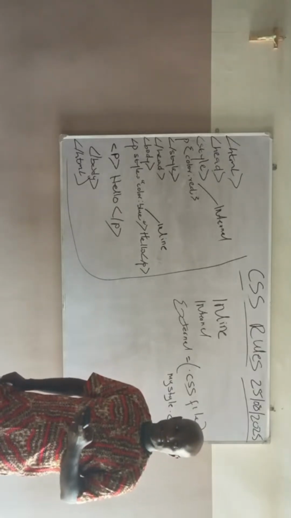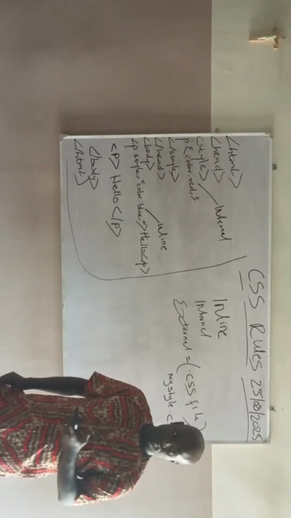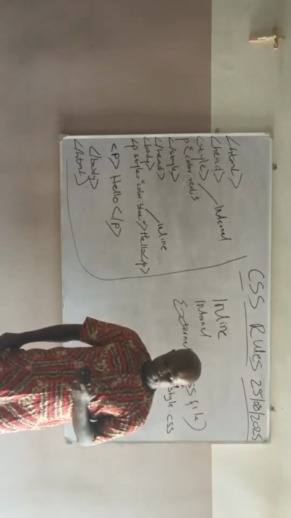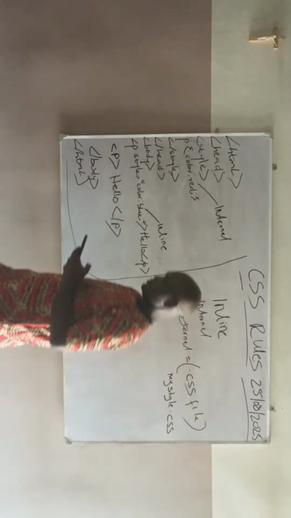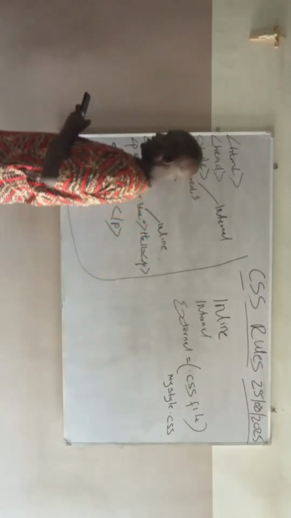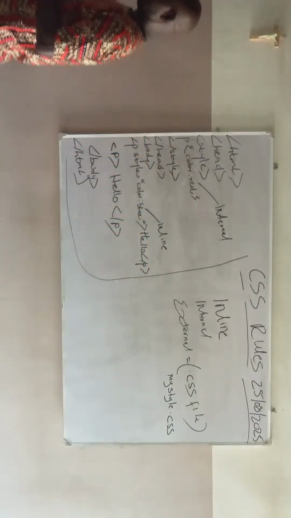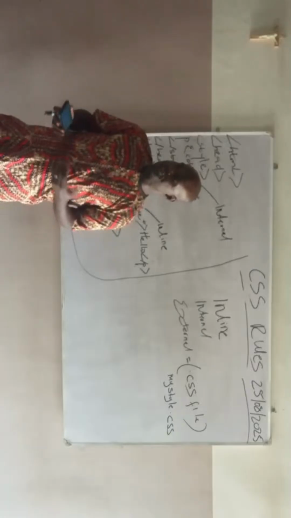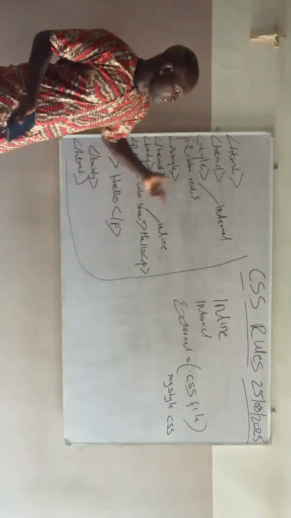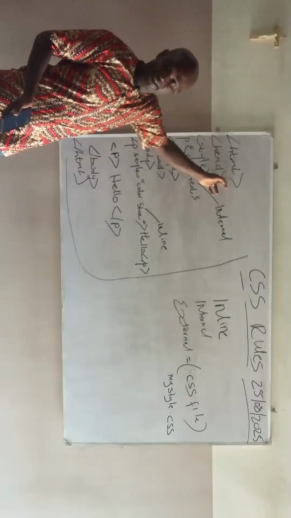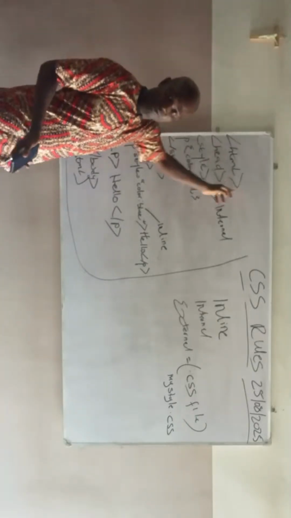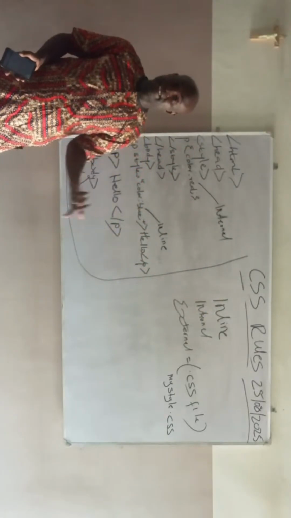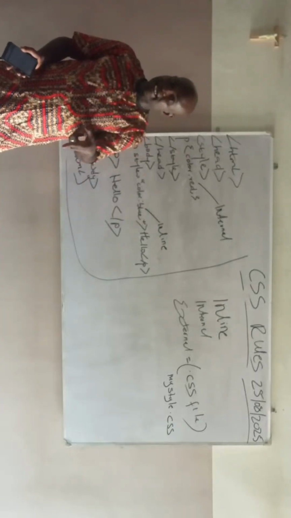An inline style can be used to apply a unique style for a single element. Which means, instead of me declaring an ID in my CSS with a hashtag ID selector, I can do it inline, because inline is unique to one particular element.